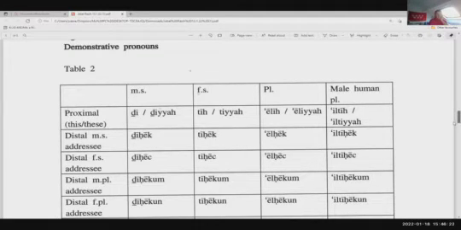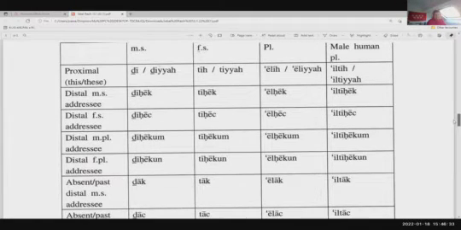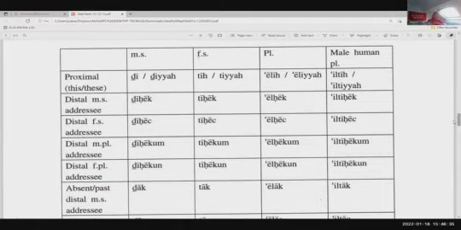The demonstrative pronouns are particularly interesting. I now realise that it's going to be difficult to show these all in one go. But basically what you've got is masculine singular, feminine singular, plural, and then male human plural pronouns.